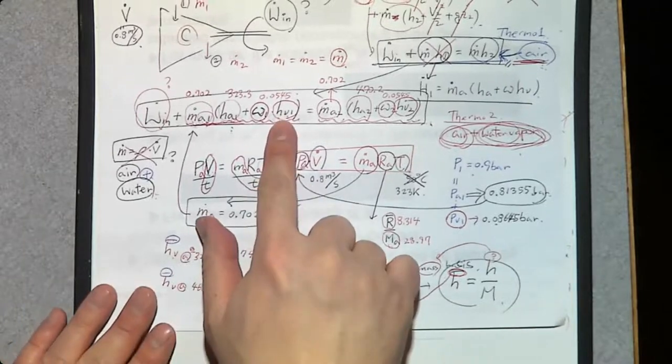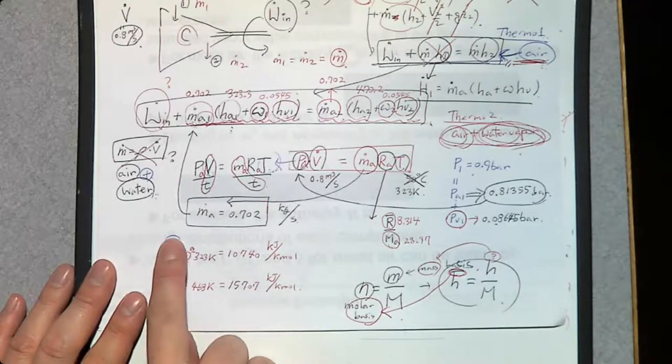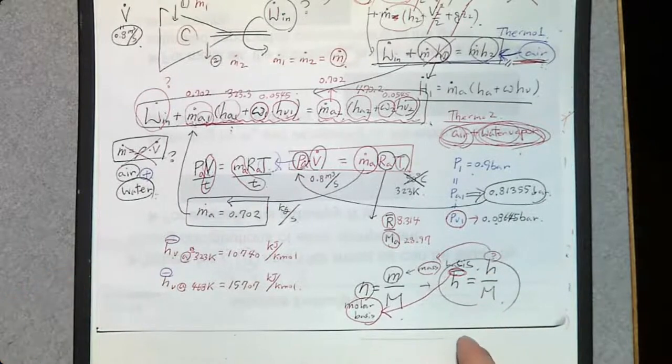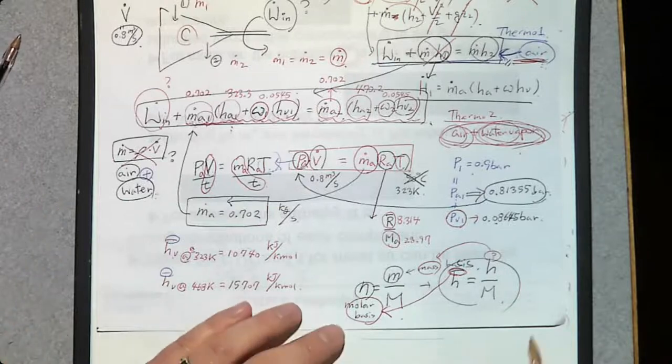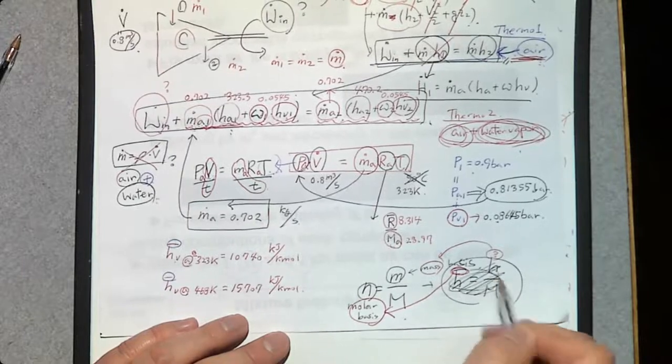What H do we need? Mass basis. What H did we find? On a molar basis. So you need to convert this one into mass basis by using this equation, H over M. I made a mistake here. Forget about that.